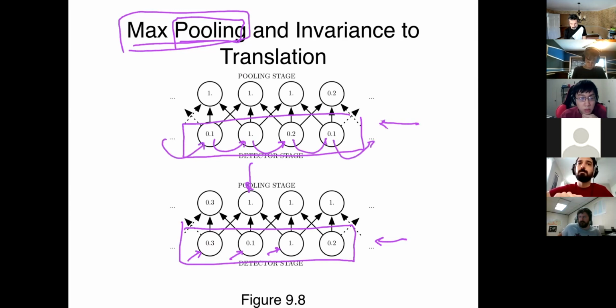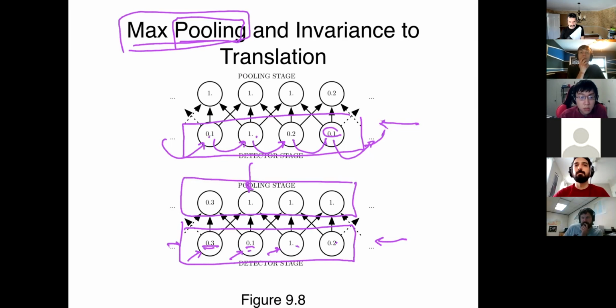So we have a new value, 0.3 here, that came from here. And this guy is here now, this guy is here, this guy went out of the picture, right? And this is the new output that has been generated, and compare it with the previous output, okay?